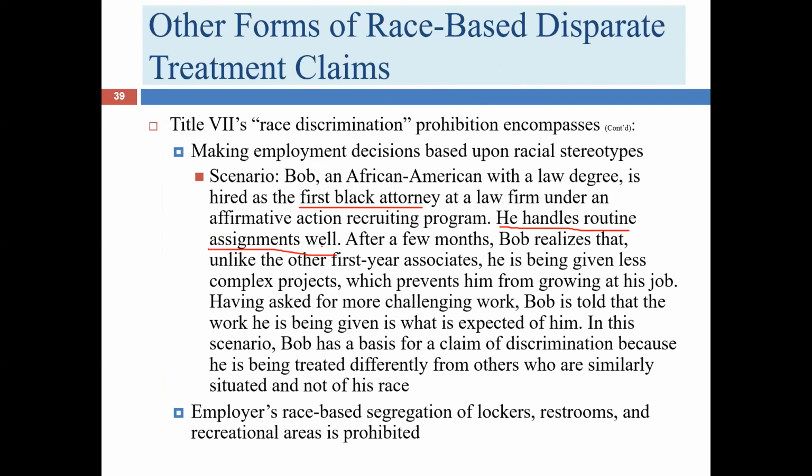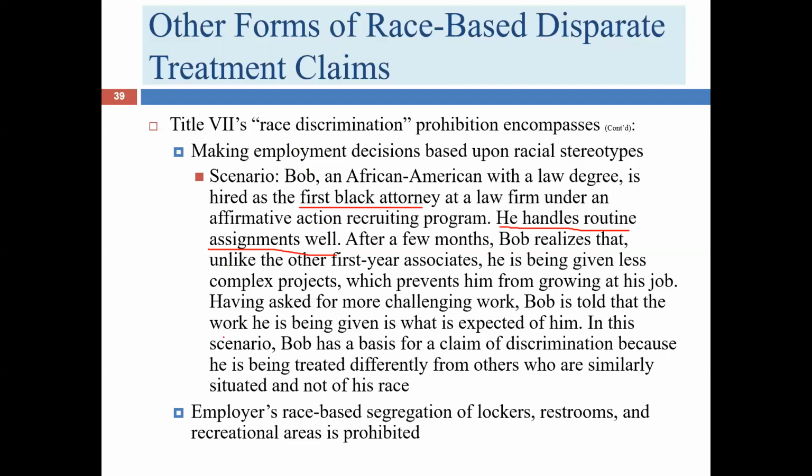Obviously, if Bob had been doing poorly, or maybe just okay, but nothing great, then the answer would be different. But in this situation, we see Bob is doing well, and so he ought to be getting the same assignments that the other attorneys who are doing well are receiving.